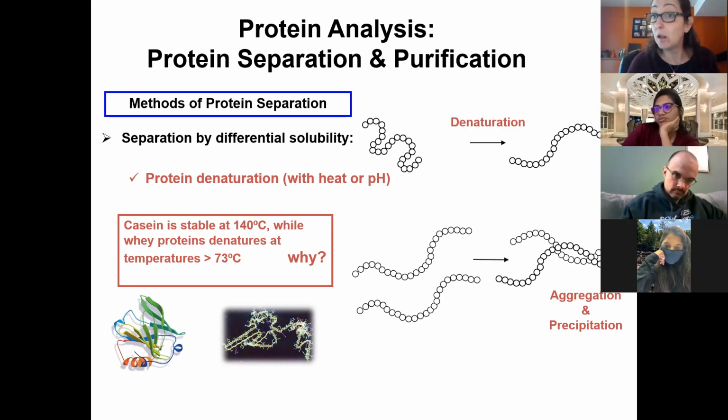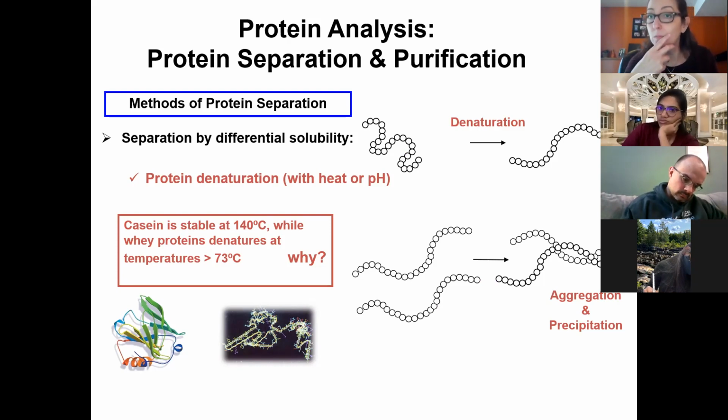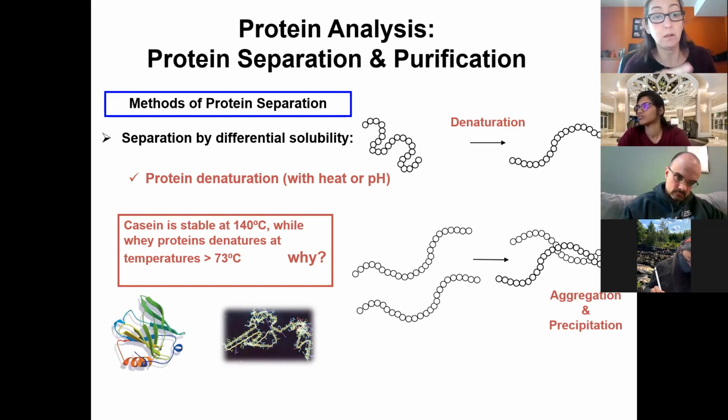Because it has a globular structure. Every ordered structure is impacted by heat more than a disordered structure. So casein denatures at really high temperature. It has a very disordered structure. Whereas beta lactoglobulin in this case is very ordered, so heat will denature it more readily.